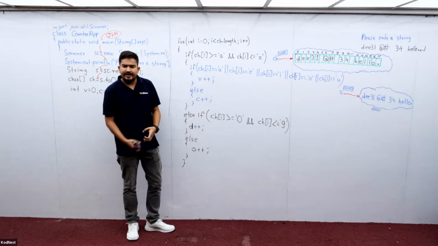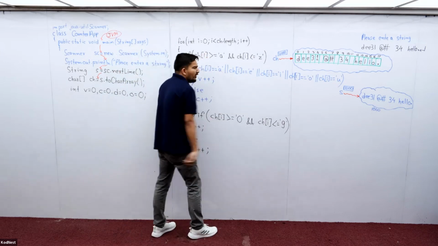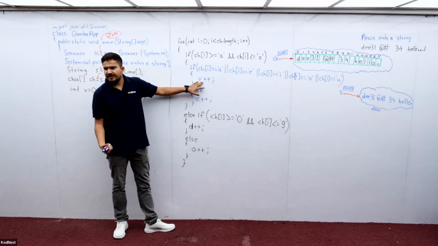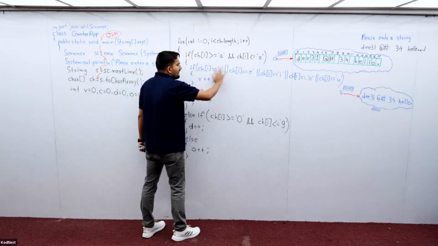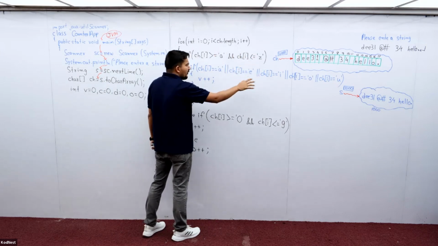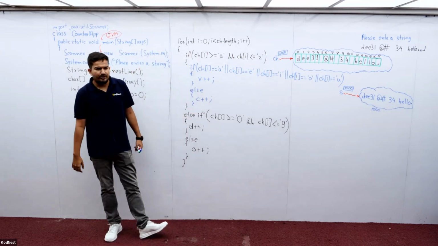If it is between A to Z, also if it is either of A, E, I, O or U, in such a case, what are we doing? We are increasing the value of V, we are increasing the vowel count. But if it is an alphabet, but it is not A, E, I, O or U, we are telling that increase the value for the consonant counter.